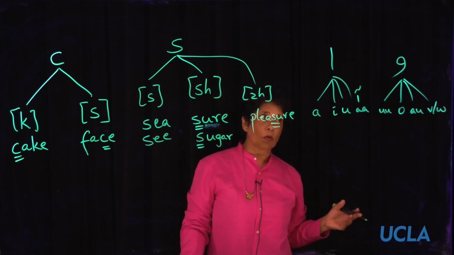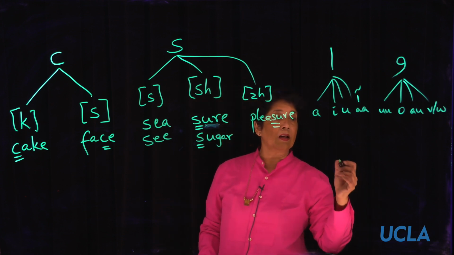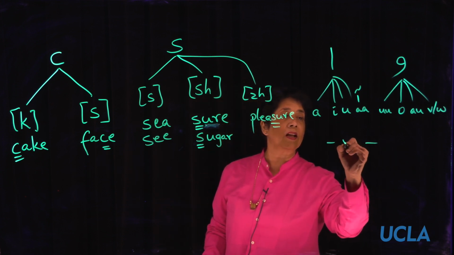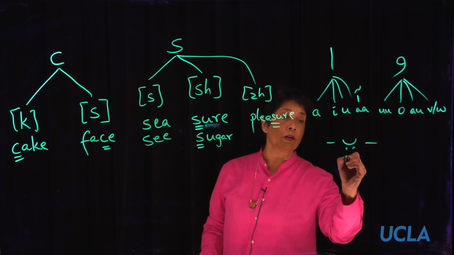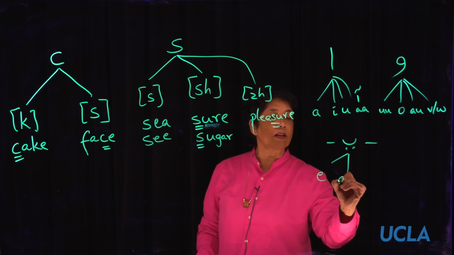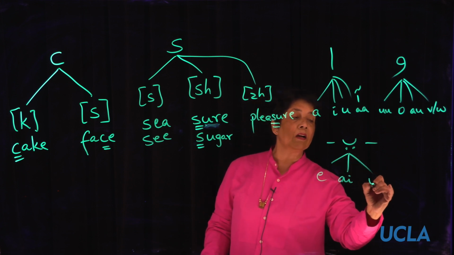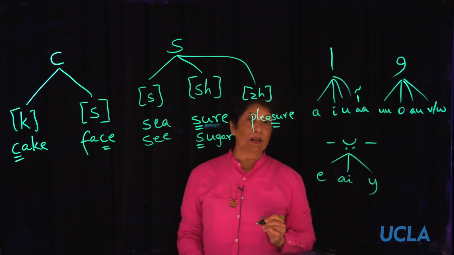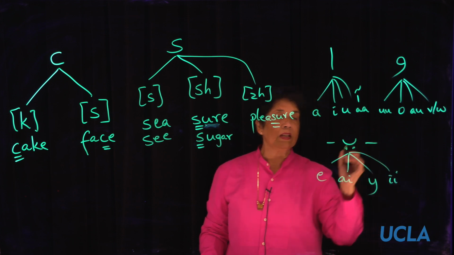And we've also seen that some vowels, let's take this shape in the middle of a word. This can be an a, or it can be an a, okay? Or it can be a ya, or it can be an e.